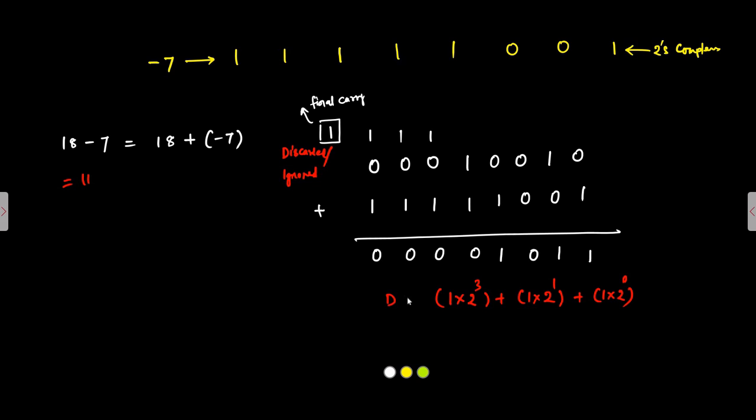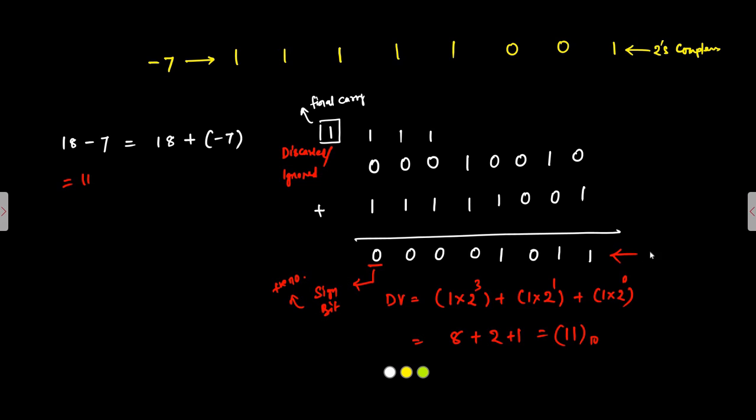This is the decimal value, equal to 8 plus 2 plus 1, which is equal to 11. Okay, now both sides they are matching. Again, the sign bit or the MSB is 0, so it means it is a positive number, of course.